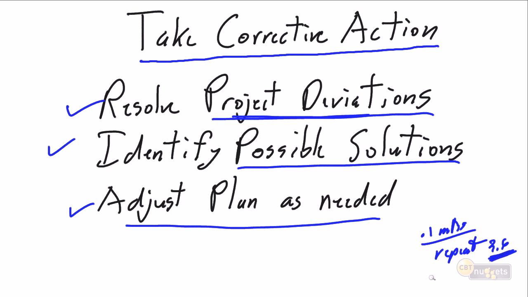And ideally, we're going to improve, because our possible solution is not only going to identify and remove the current problem, it's going to find a way to do process improvement. So hopefully we can win back that 0.1 month or even more to try to deliver the project early.